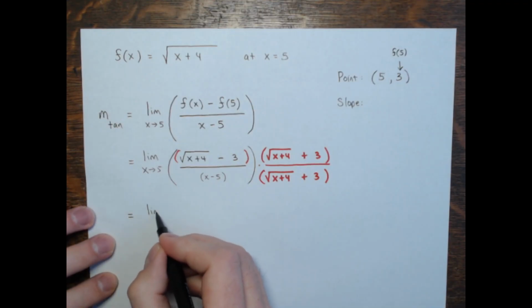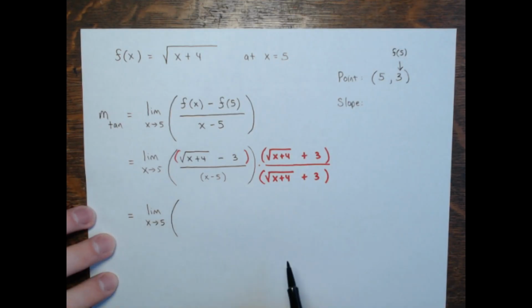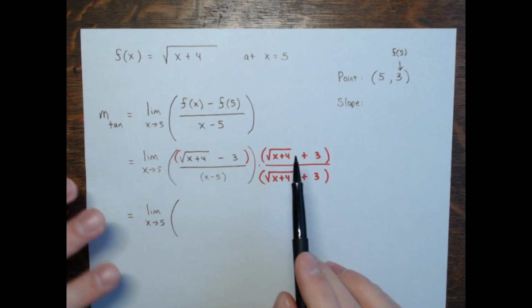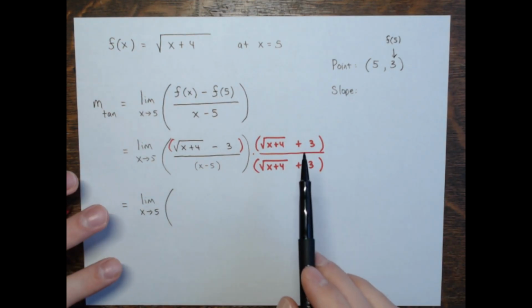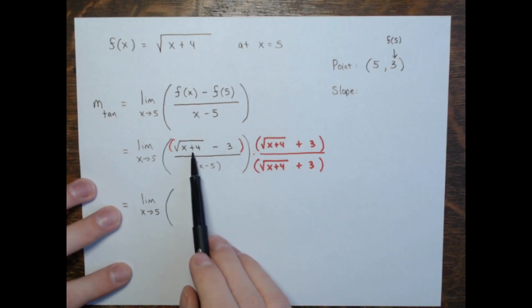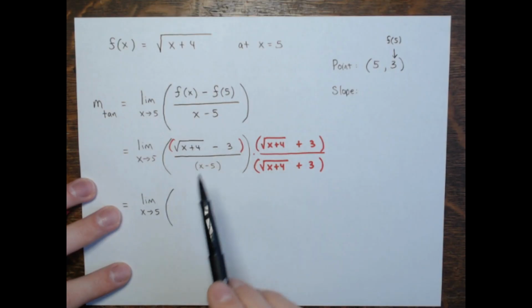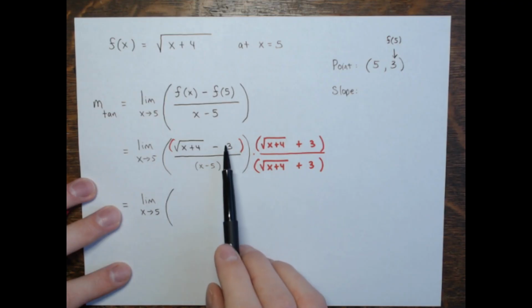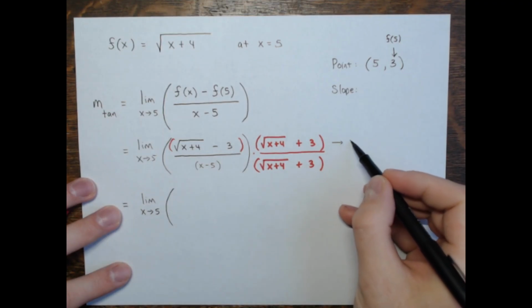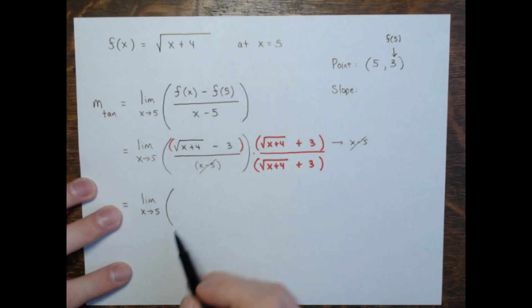So we have the limit as x approaches 5 of. All right, so again, I'm going to rush through some of these. We're over an hour and a half in. This is x plus 4 minus 9. So the numerator would be x minus 5, and then that would cancel this x minus 5 down here.